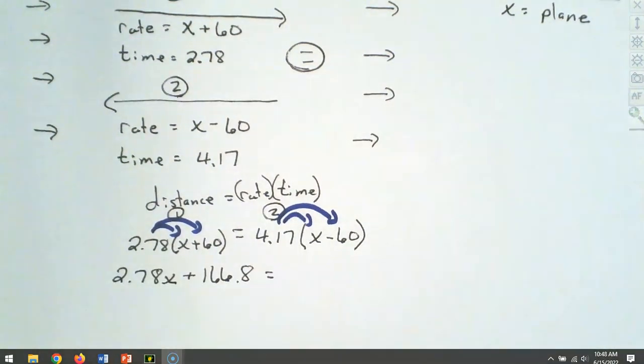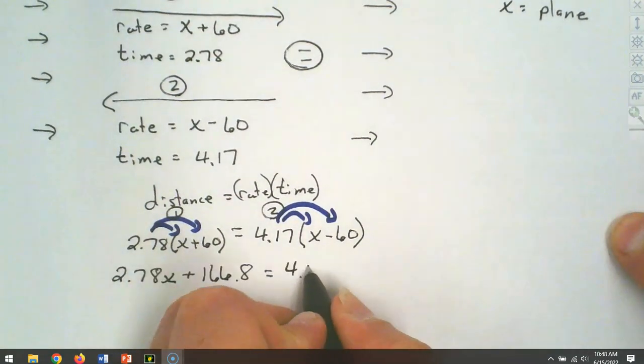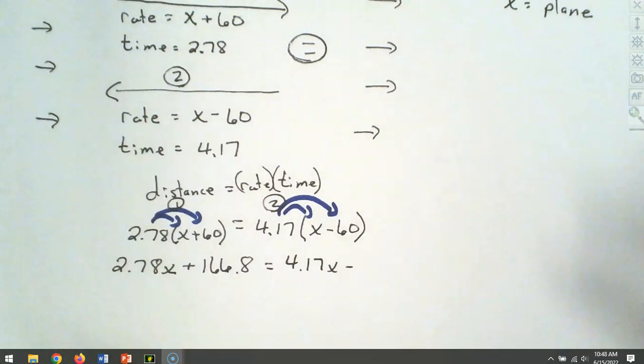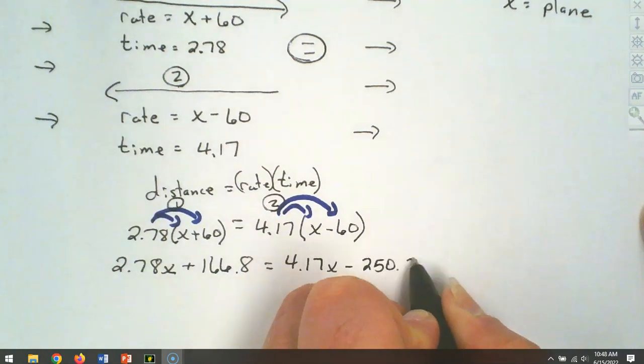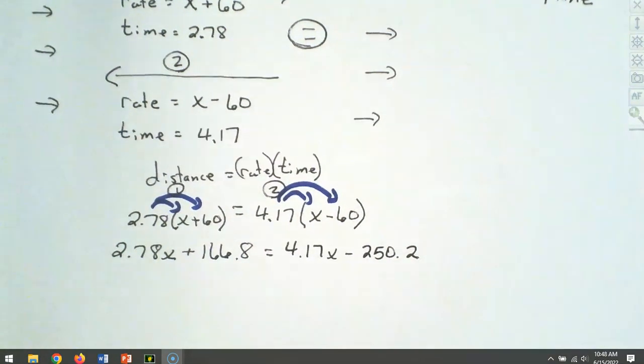On the other side, we have 4.17x. And then we've got a minus 250.2. Is everyone okay with that so far? So all we did was we distributed it through.